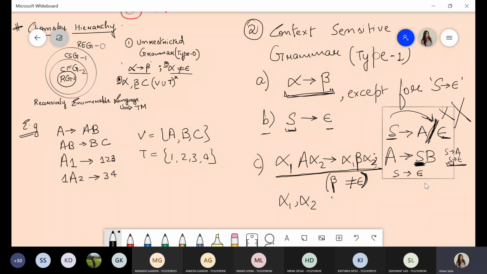Okay, write down the D point. Context sensitive grammar, or you can write it in short, type 1 grammar generates context sensitive language which are recognized by linear bounded automata.